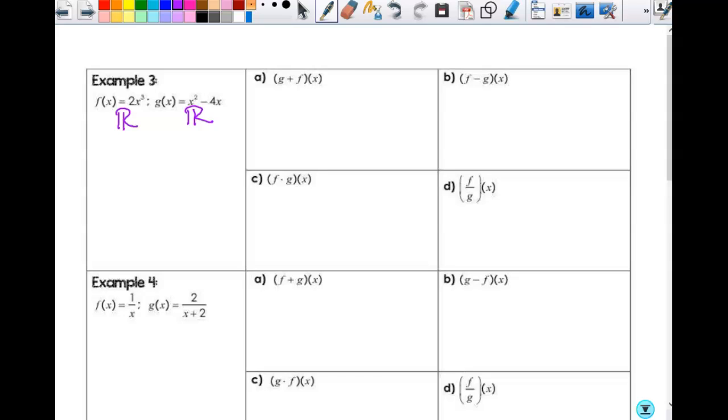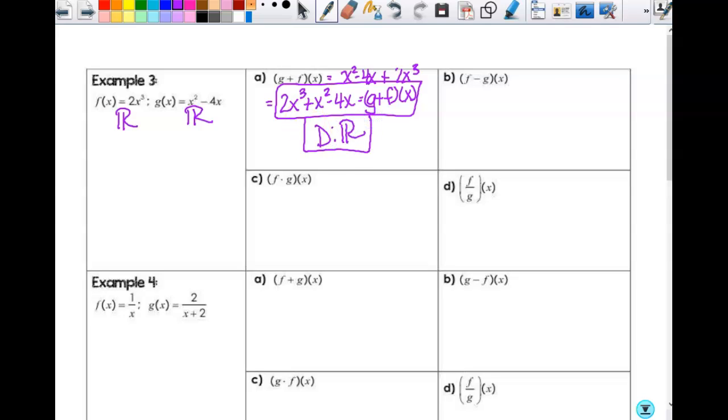So for A, when we add them, we get g, which is x squared minus 4x, plus f of x, which is 2x cubed. Then when I combine them, there's really nothing I can combine. So it's 2x cubed plus x squared minus 4x, and that's equal to g plus f of x. In my domain, we just decided it's the combination of those two, so it is all real numbers.